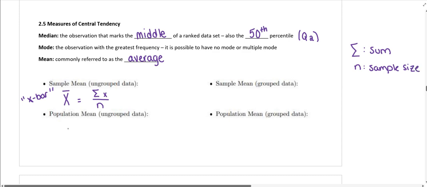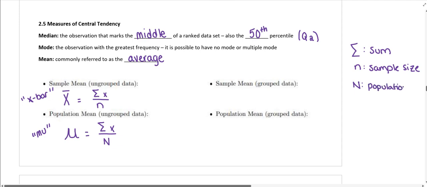Then a population mean is notated by the Greek letter mu. That looks like this. It's like a U with a front tail. And this is the Greek letter mu. And that's actually the same formula. So sum of X, just when we're dealing with a population, we're going to use a capital N. So we say that's the population size.